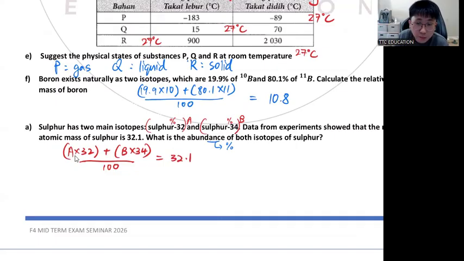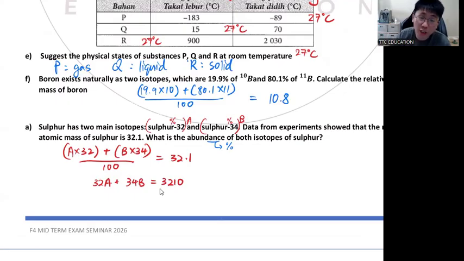The percentages are A and B. So you get 32A plus 34B equals, you bring your 100 over to multiply, 3,210. But then you have two unknowns, A and B. One equation cannot do.